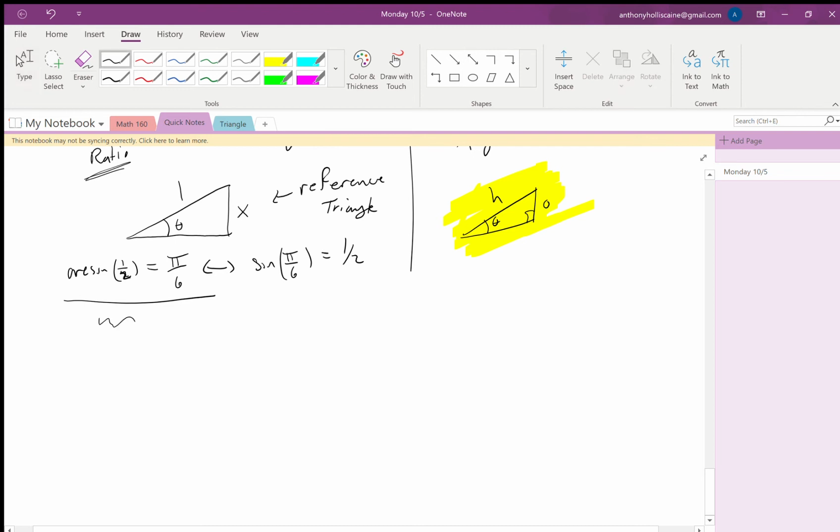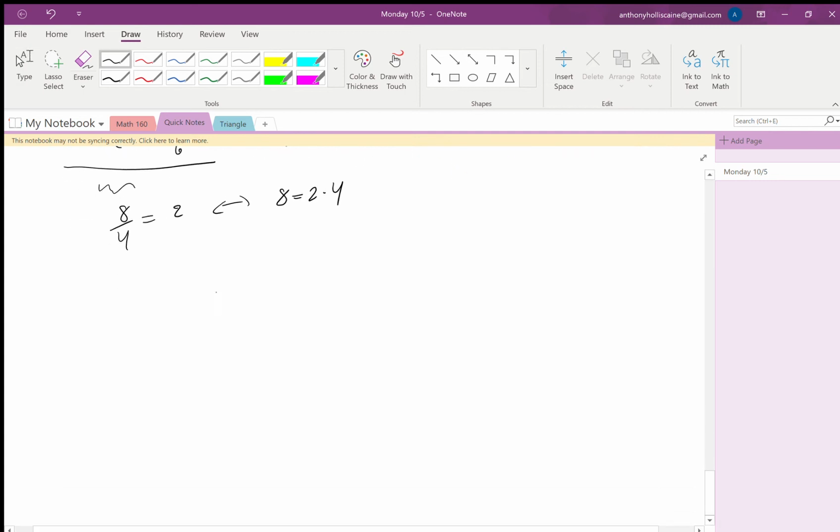This is the inverse operation. Division is the inverse operation of multiplication, and it's more confusing. But 8 divided by 4 equals 2 is the same as saying 8 equals 2 times 4. Same idea, it's just now with angles and ratios. Okay, so we have some function, f of x equals not sine x, but arc sine x.